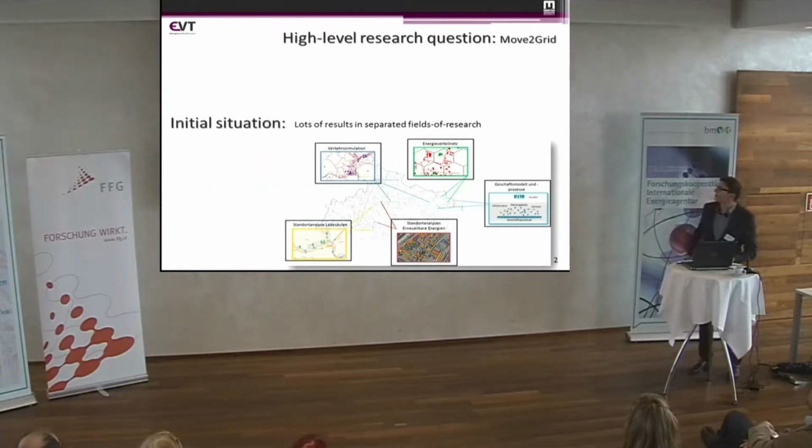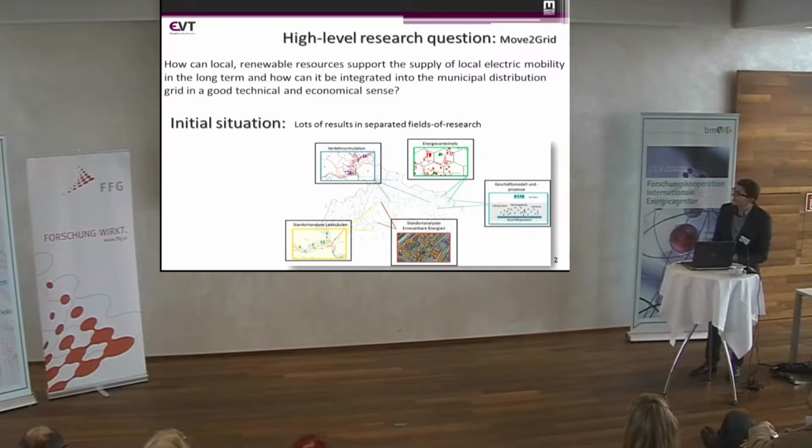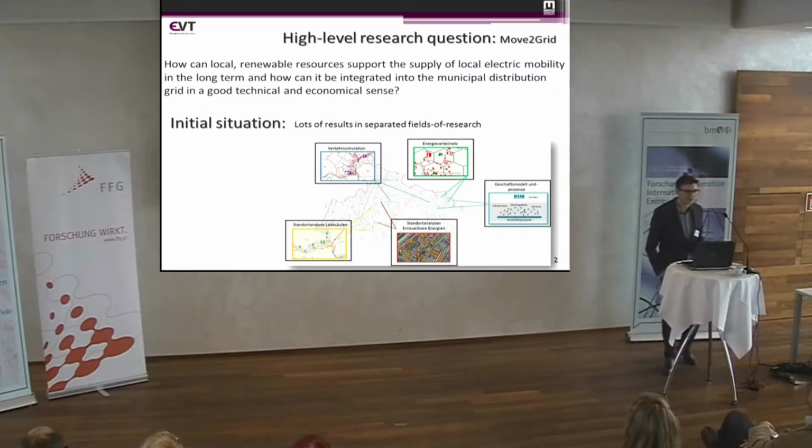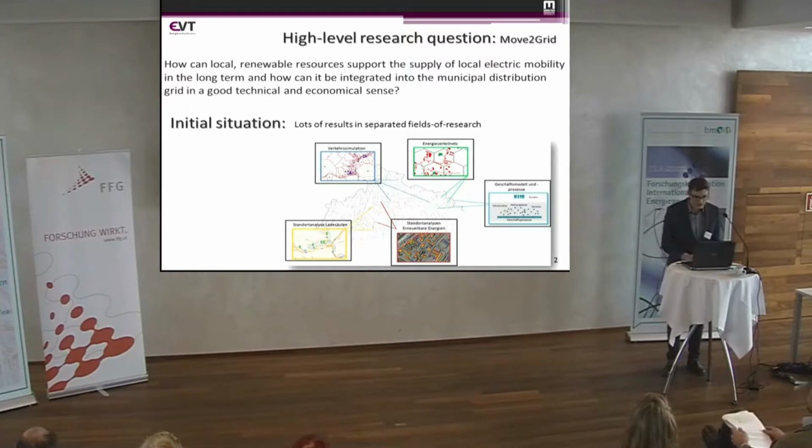Overall research question in the project is the question how local renewable resources can be used for the local support of electric mobility in a long-term goal, and how this mobility can be integrated in the distribution grids in good technical and economical sense.